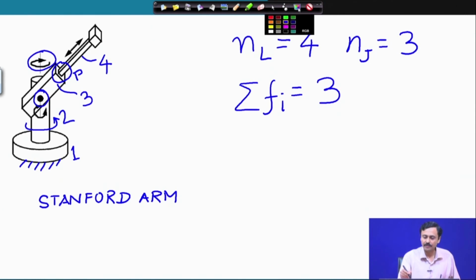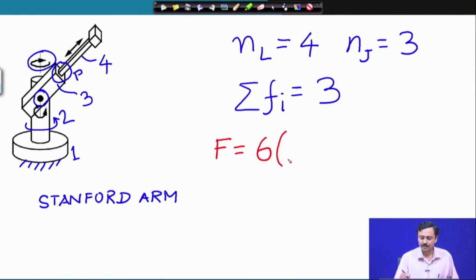Now, the degree of freedom calculation. Remember, this is a spatial mechanism. In a spatial mechanism, we have this as 6, because a rigid body in space has 6 degrees of freedom.